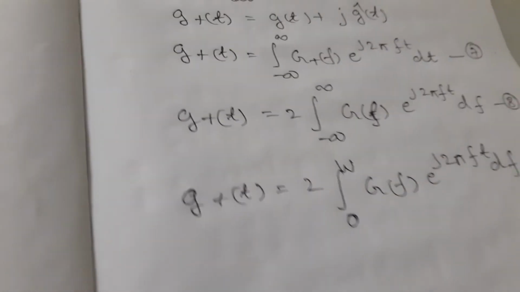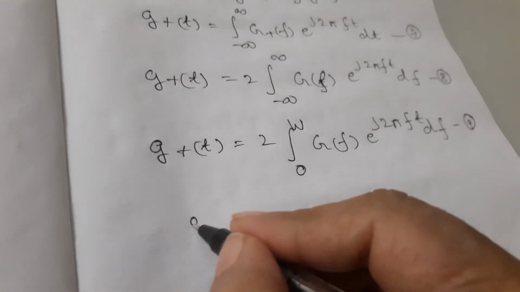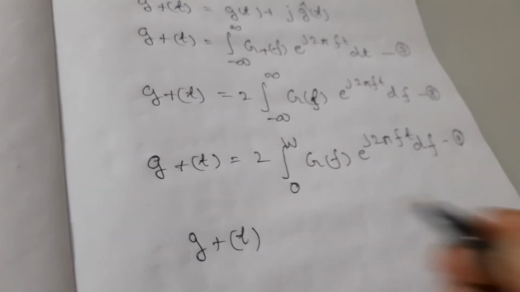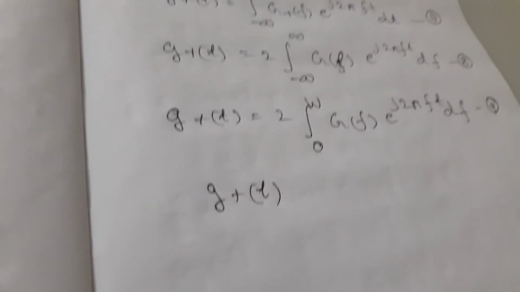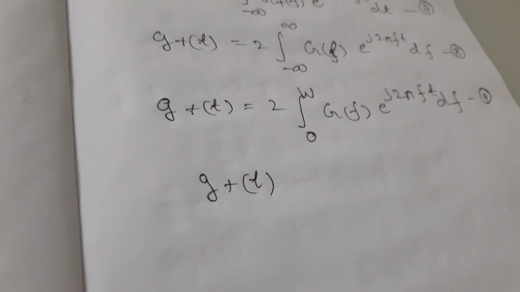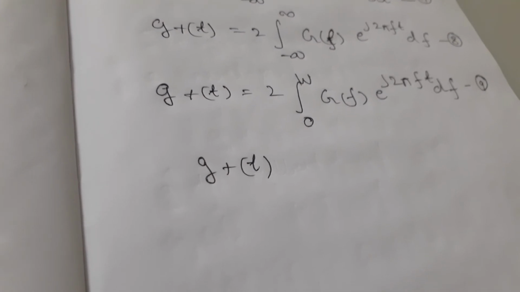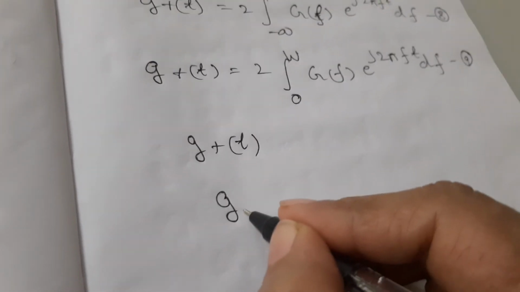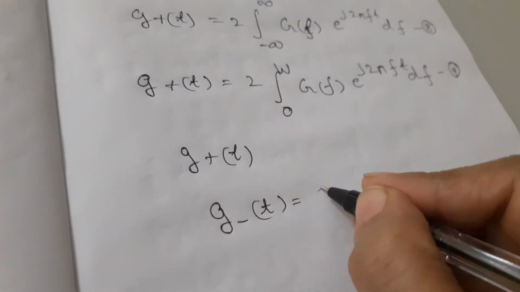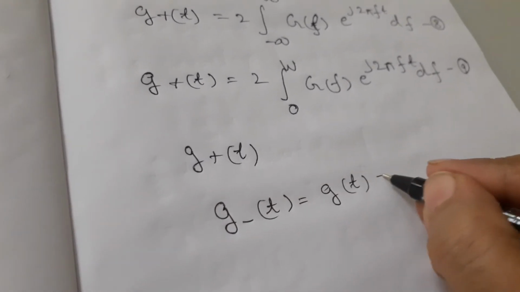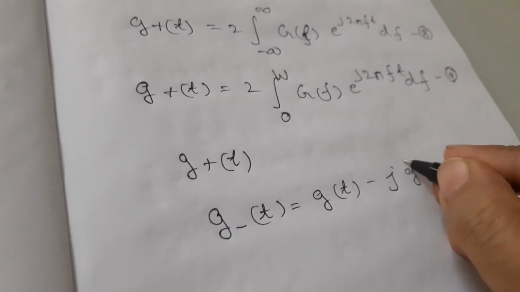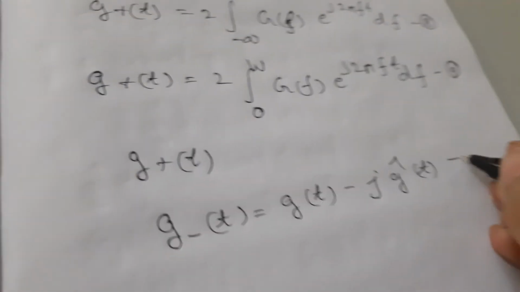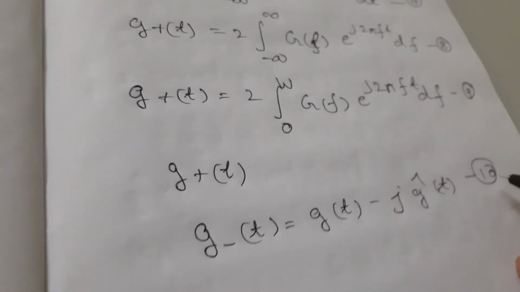It may be noted that g plus of t defines the pre-envelope for the positive frequencies. Similarly, we may define the negative frequency pre-envelope. You can write it as g minus of t equal to g of t minus j g cap of t. Let this be equation number 10.